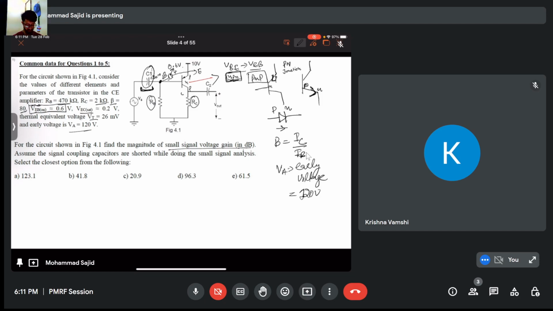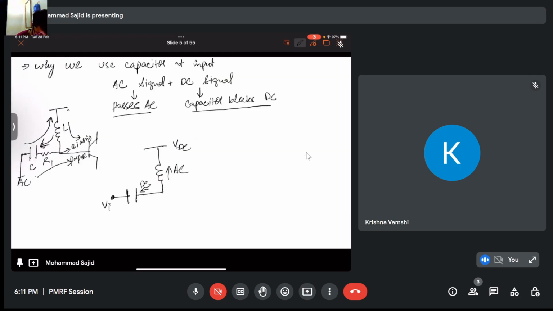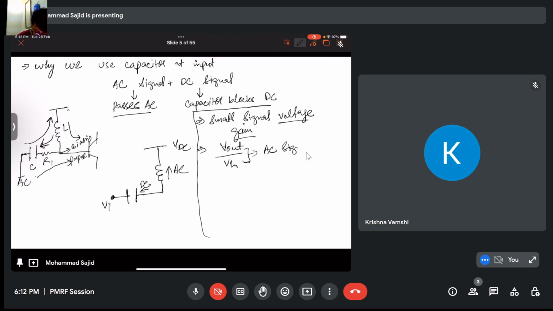That is one thing. Now we have to find the small signal voltage gain. What does that mean? This is a voltage gain, right? So that will be V output by V input. But here we are talking about the AC signal, right?